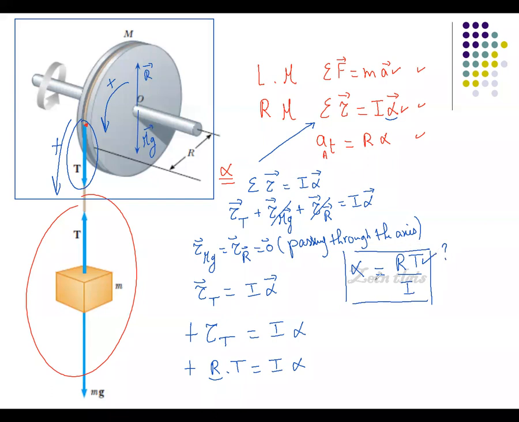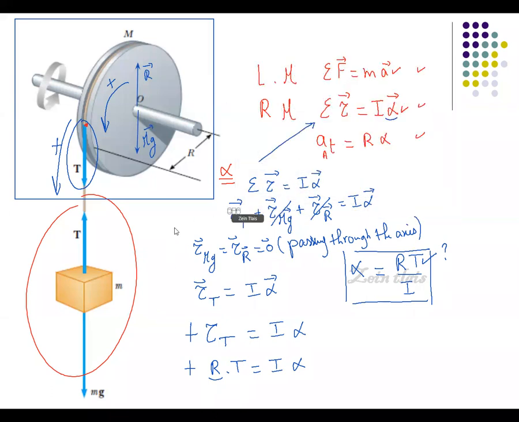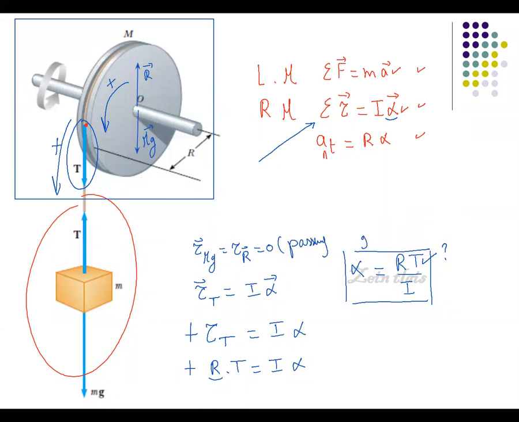Okay, so we can write here simply the first equation, alpha equals RT divided by I.